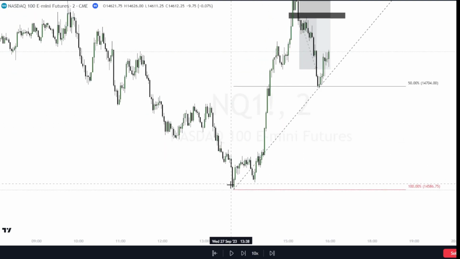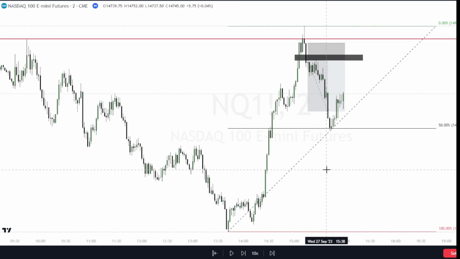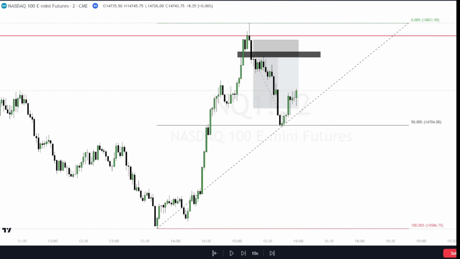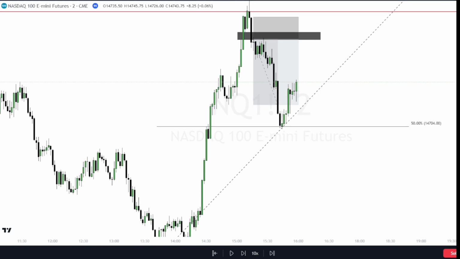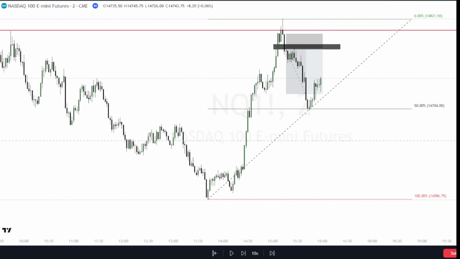Or you could have used the equilibrium PD array. I teach this, right? And ICT does too. This is obviously something that he has taught me, that PD arrays in premium are always valid targets for your trades. As you can see, we hit premium and we went back up, right? It is so obvious as there is an algorithm, right?